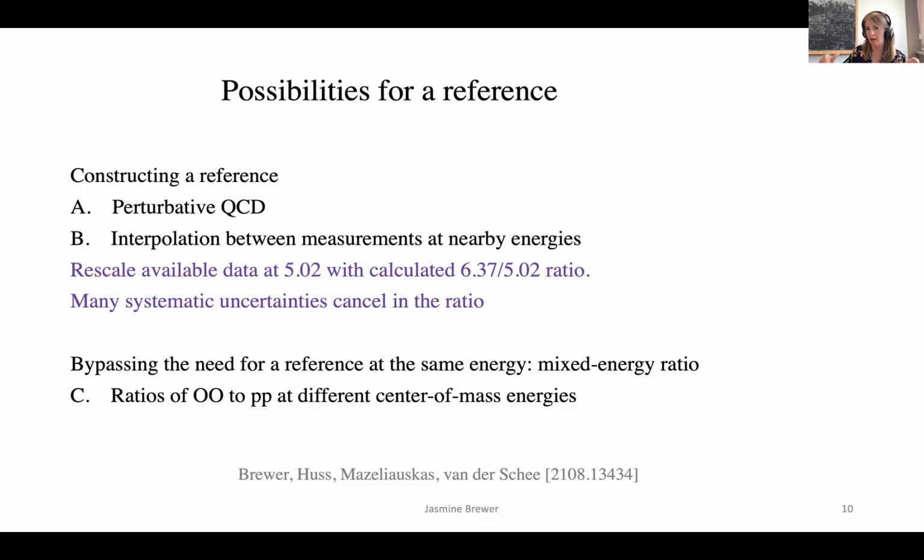When they do the oxygen run in run 3, they would really like to use reference measurements which were also measured in run 3, because the detector changes over time. Using run 2 data to do the interpolation for a spectrum to use in run 3, they wouldn't be able to cancel as many systematic uncertainties.